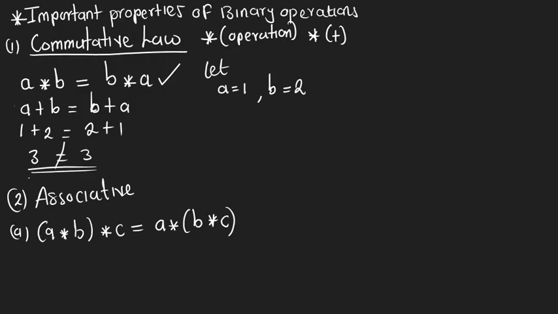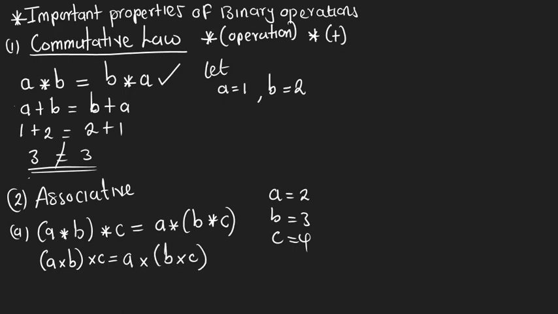So, if, for example, A is equal to 2, B is equal to 3, C is equal to 4, if we are using multiplication, then we are going to say that A times B times C is equal to A times B times C. We see if it works. Where there is A, I can put 2, multiplied by 3, multiplied by 4.